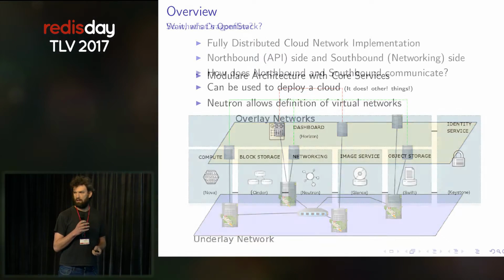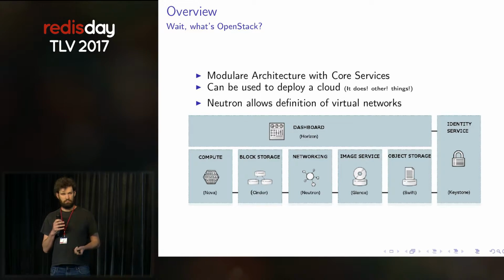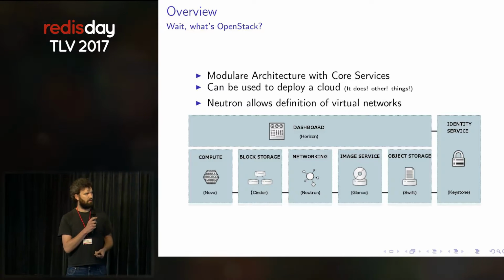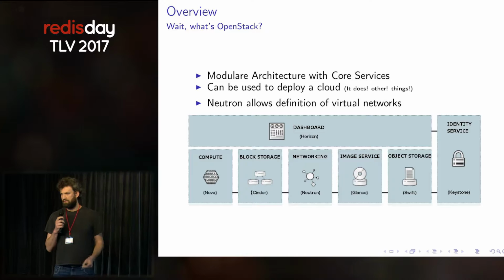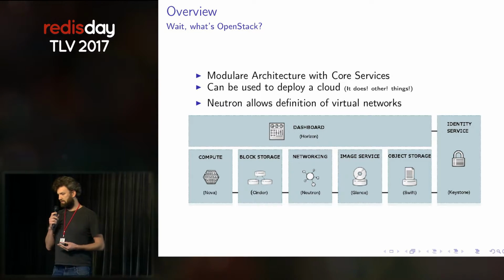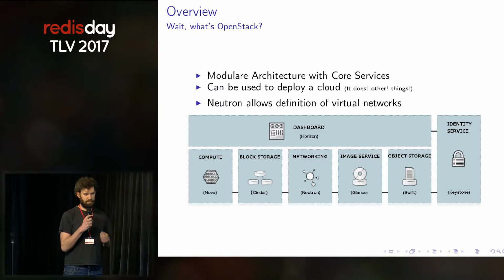So how many people here know about OpenStack? Okay, so OpenStack is a modular architecture with core services. Mostly it provides a set of APIs, and on top of these APIs, a set of implementations.